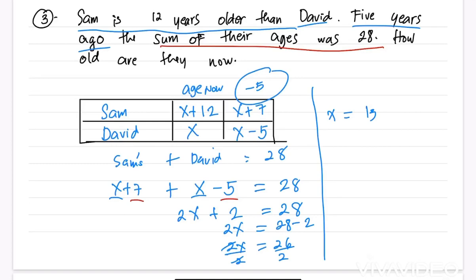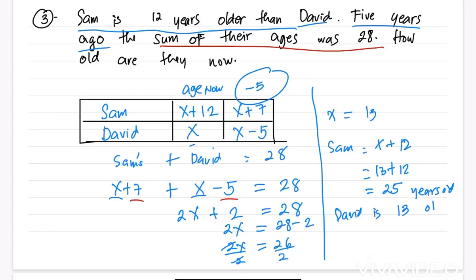Now, if X is equal to 13, their age now is, for Sam, X plus 12, so that is 13 plus 12, that is 25. And David is 13.